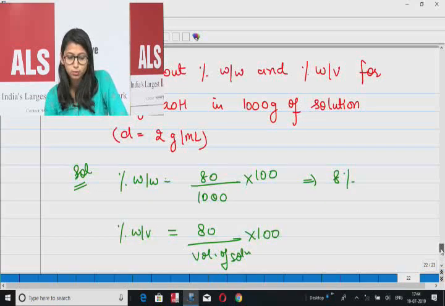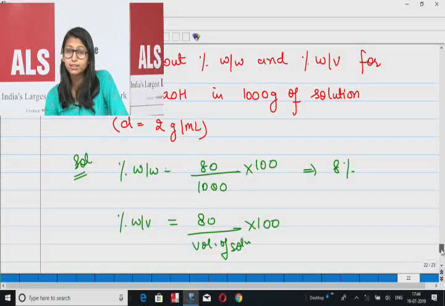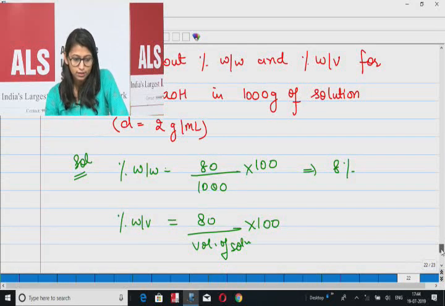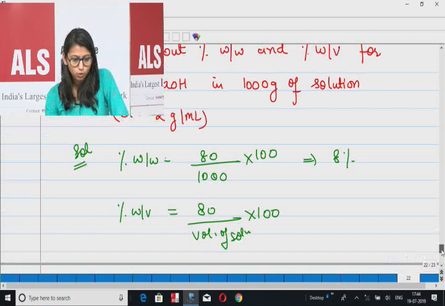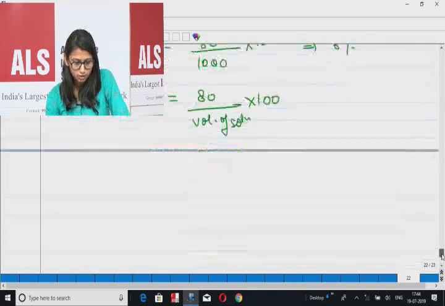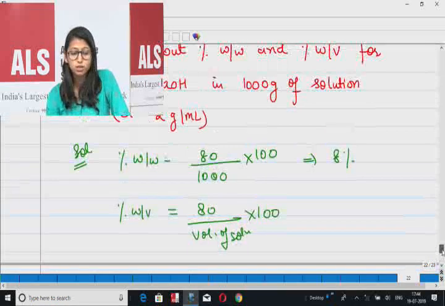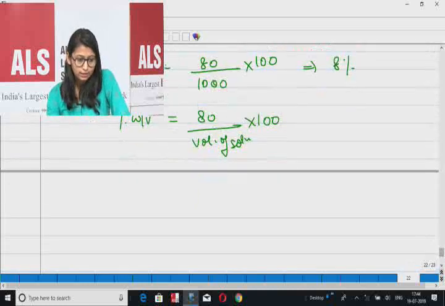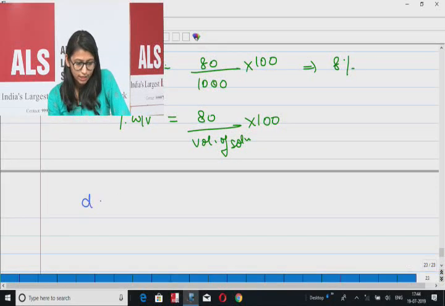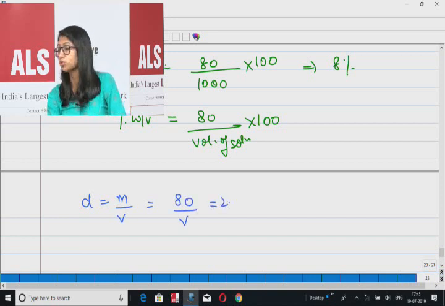So what will happen over here, 1000 grams of solution is there. Everyone, see what will happen over here. What is the mistake generally the people do? They used to write it like this. Density, I know that this is mass by volume. They will be putting 80 by V, that will equal to 2. This is absolutely wrong.